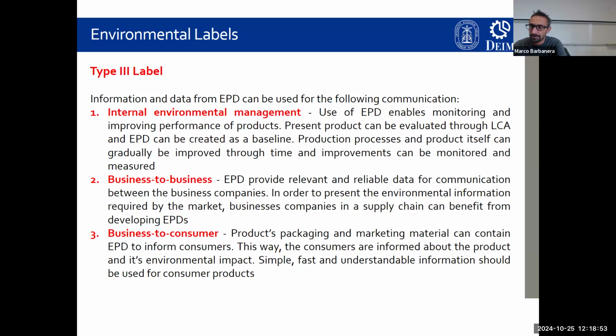This is a voluntary environmental label, and typically the main aim to obtain this label is for business to consumer, in order to inform the consumers about the environmental performance of the company's products. So typically, this is the main aim to obtain this kind of certification.